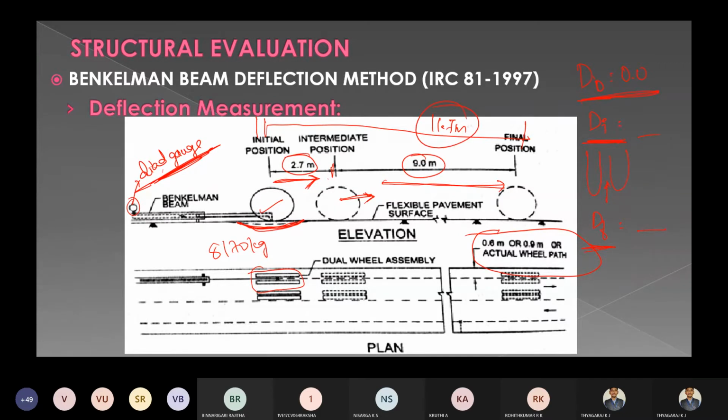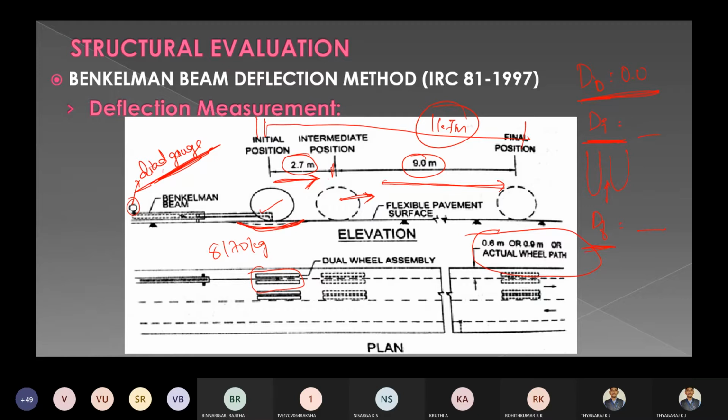So the deflection value will be measured at distances of 0, 2.7, and 11.7 meter, when the load is applied, and that is what we are going to note down.